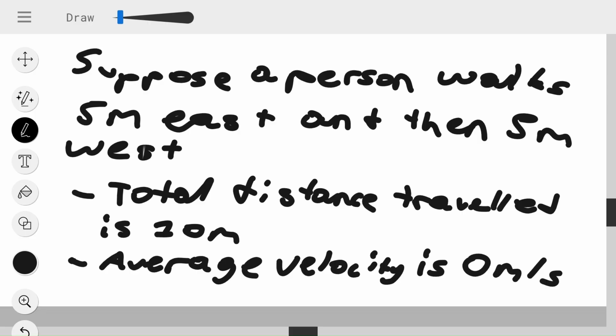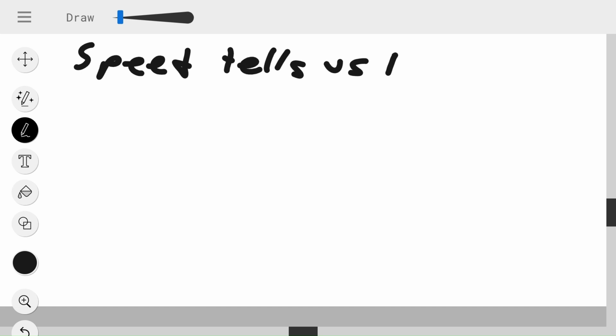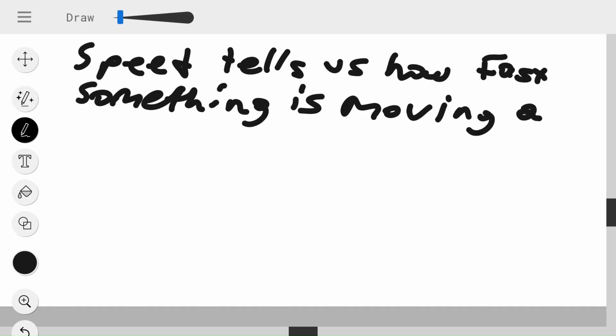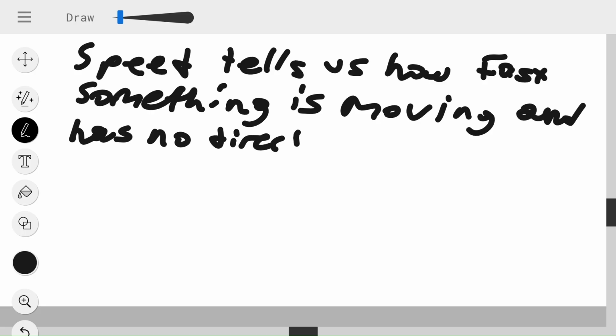Let's summarize. Speed tells us how fast something is moving, and it has no direction. Velocity tells us how fast something is moving and what direction.